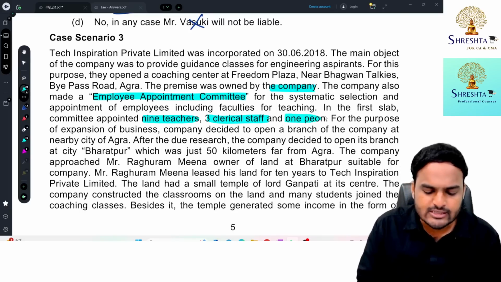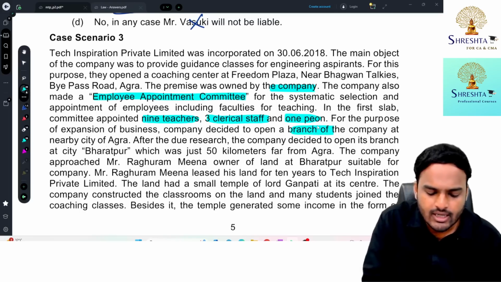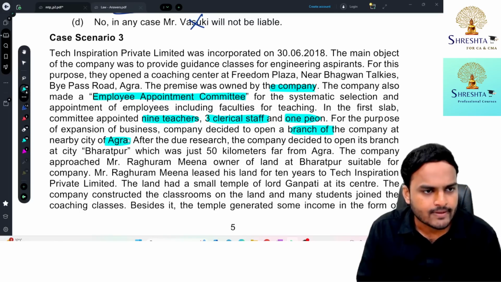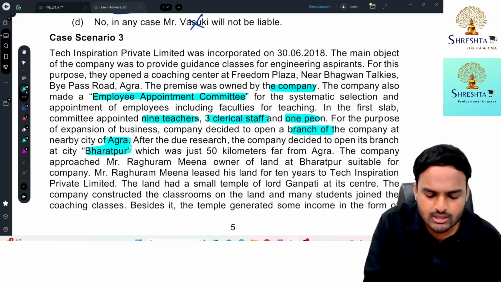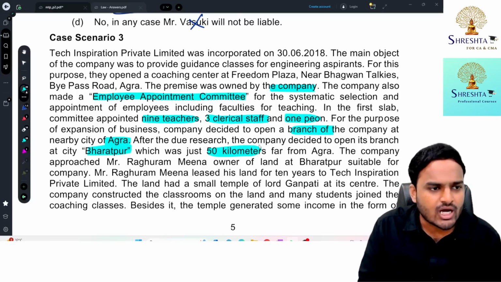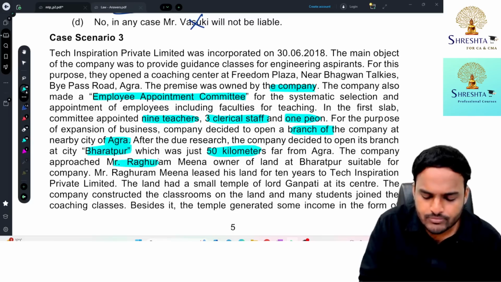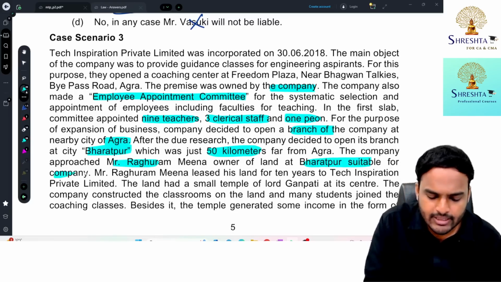For the purpose of expansion of business activities, the company decided to open a branch at a nearby city of Agra. After due research, the company decided to open its branch at city Bharatpur, which was just 50 kilometers away from Agra. The company approached Mr. Raghuram Meena, owner of land at Bharatpur, suitable for the company.